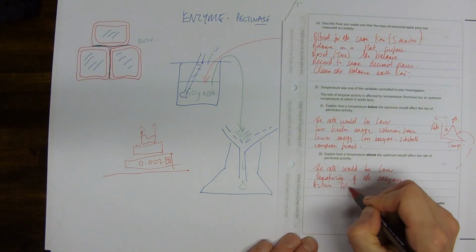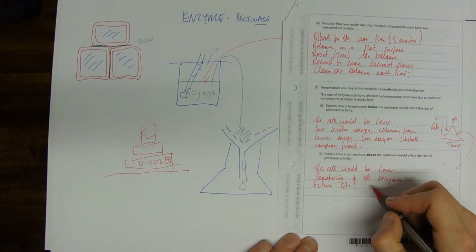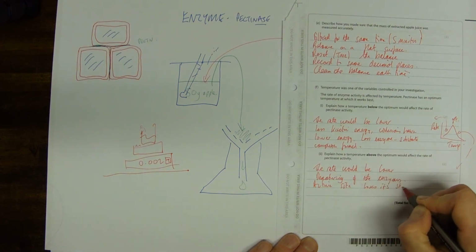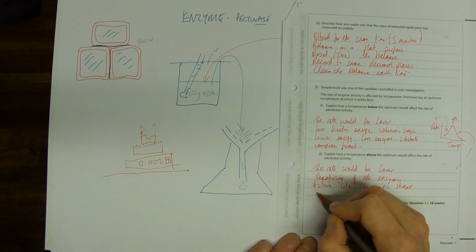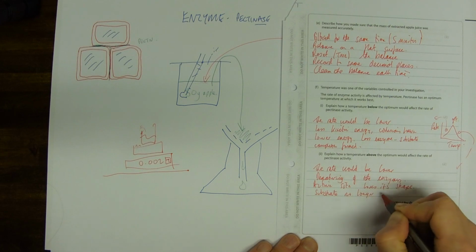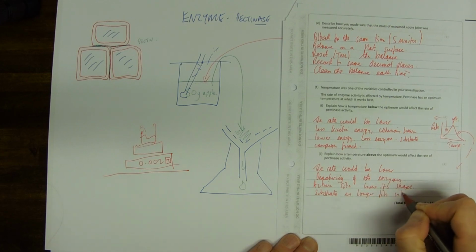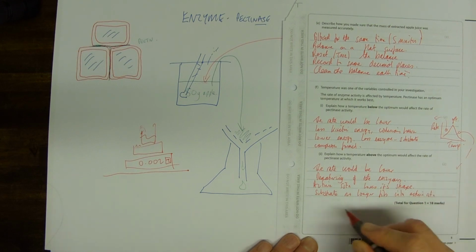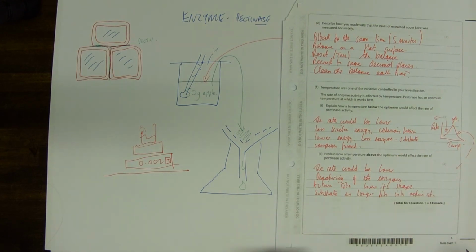Active site loses its shape. Substrate no longer fits into the active site, so can no longer bind. So classic biology there. And that's the end of question 1.